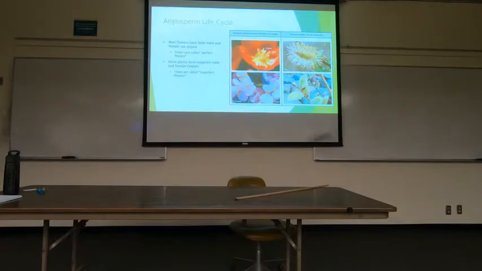Now, in the case where you have separate male and female imperfect flowers, they may be found on the same plant, in which case that plant would be described as monoecious, or they may be found on different plants, in which case the plant would be called dioecious, meaning either one house or two houses.